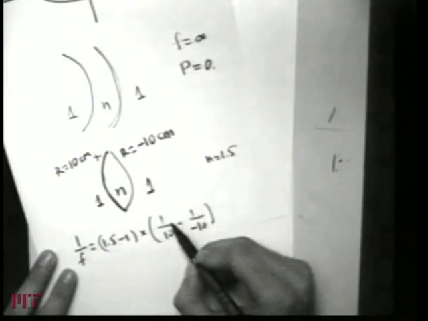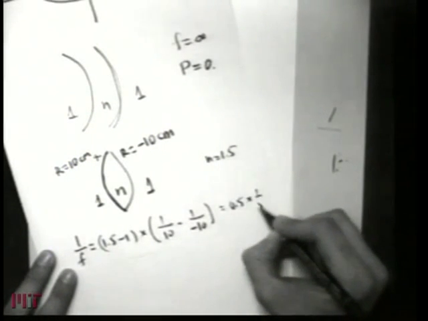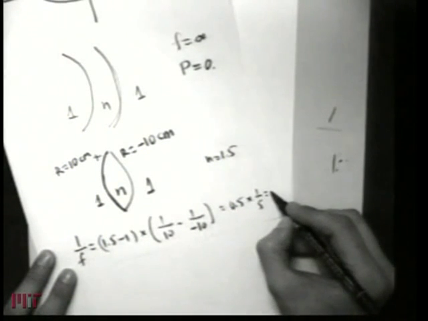Wait, this is 1/5, right? So it is 0.5 times 1/5. So it is 1 over 10, so f is 10. Other questions? Okay.